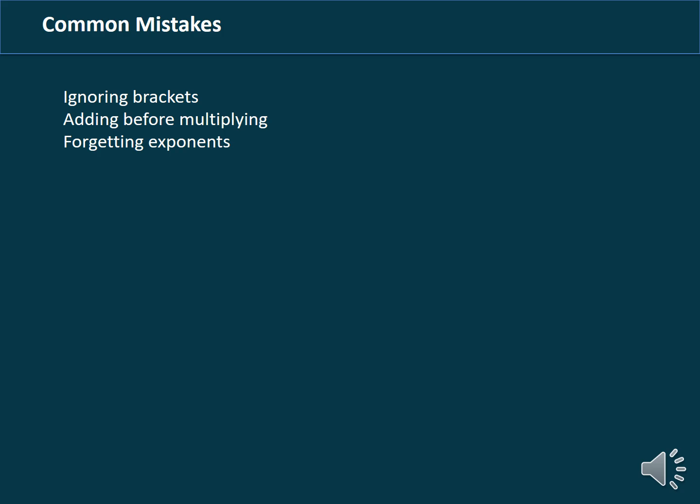Here's some common mistakes. Ignoring the brackets. When people do that, like 6 plus 6, and then multiply 3 minus 4, what this basically means is 6 plus 6, what's that? 12.